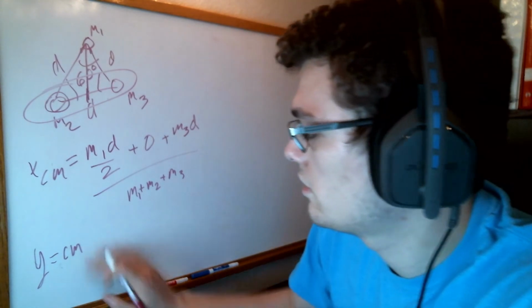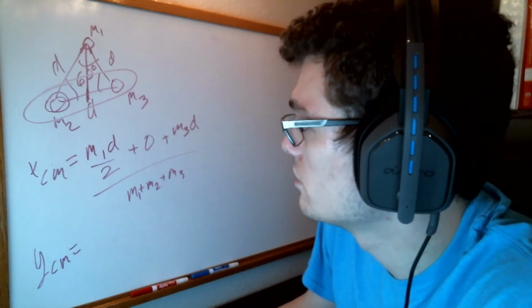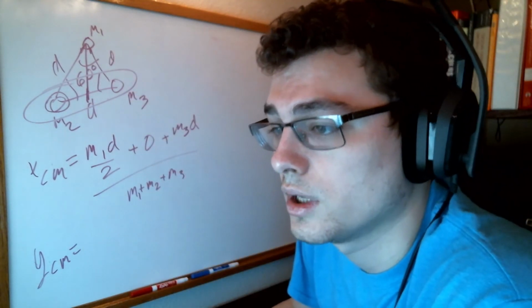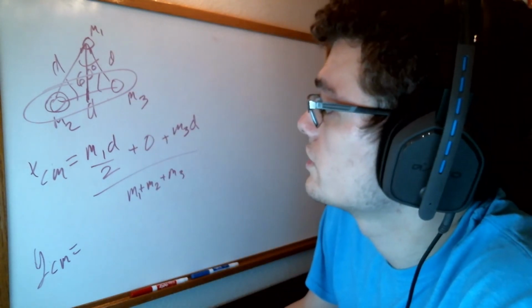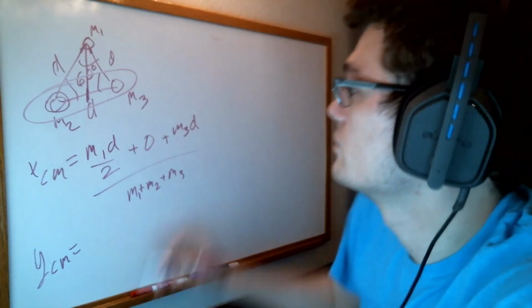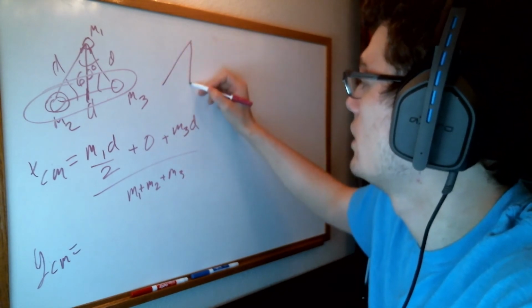So what we can say is that this is going to be equal to just the contribution from the first one. And so this distance here is not going to be D, but we'll have to use a triangle to go ahead and do that.